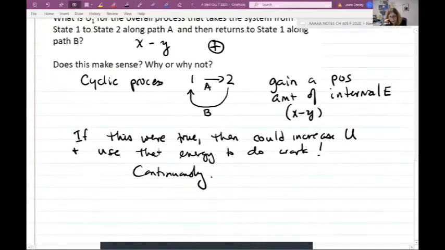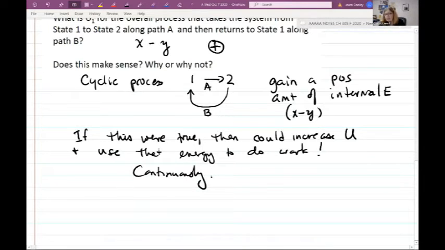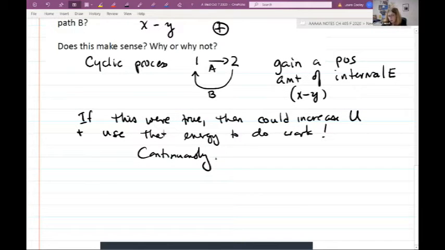But I've been telling you that the first law is like saying there is no free lunch. If you're going to do work, that work has to come from energy from somewhere. It can't just come from nowhere. So the consequence would be we wouldn't ever need to worry about energy.